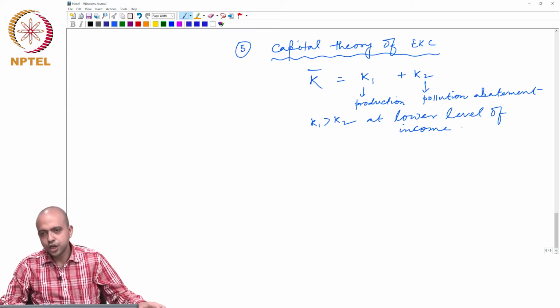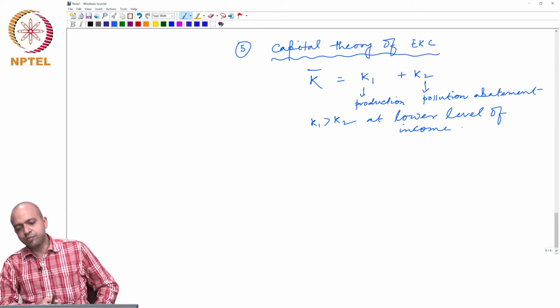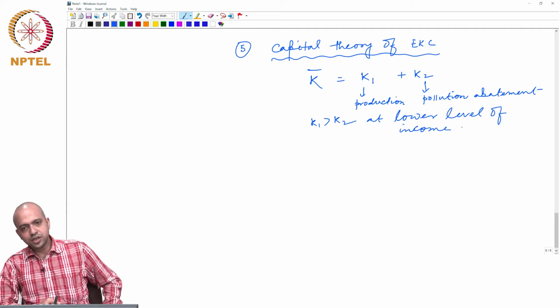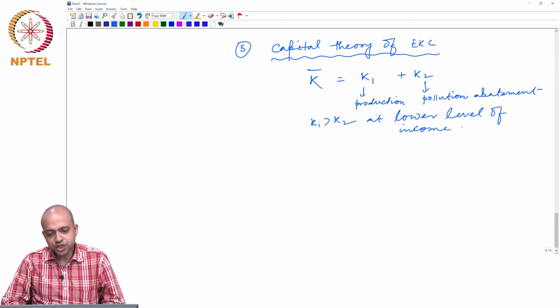Is this clear? So, that means we can say that at lower level of income, economy places more importance for production and more capital is invested for production, less is given for pollution abatement. Okay.